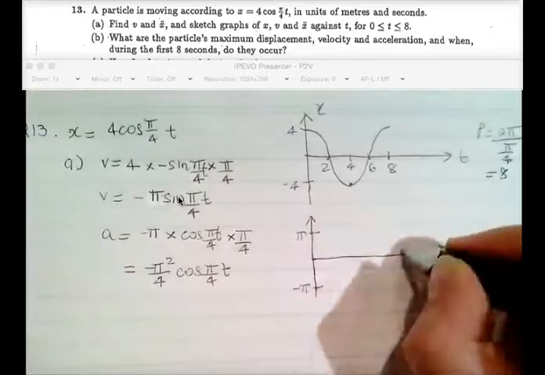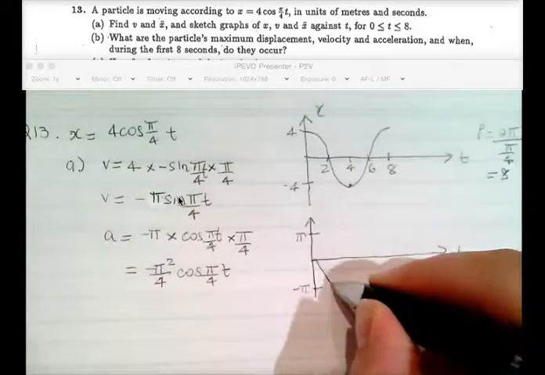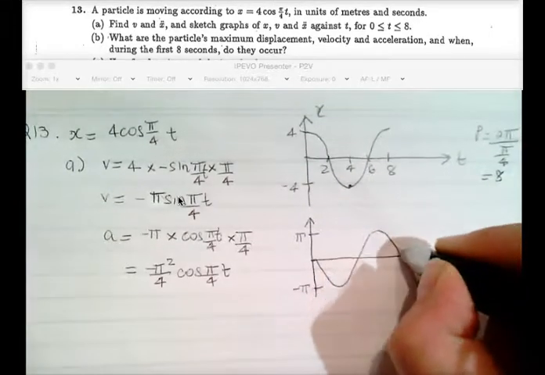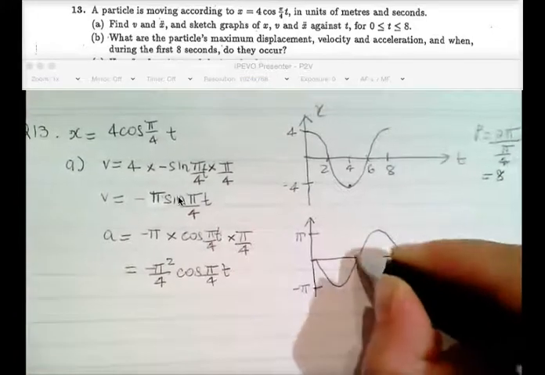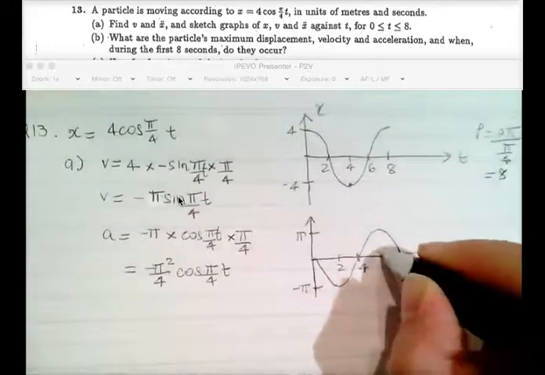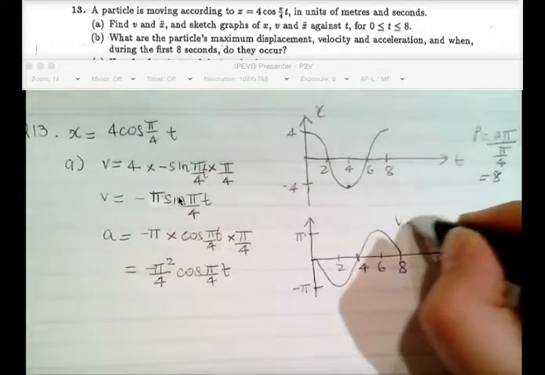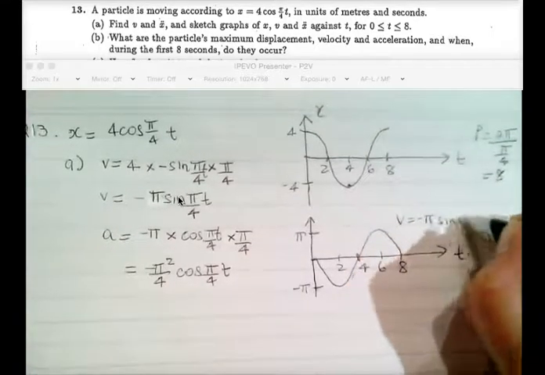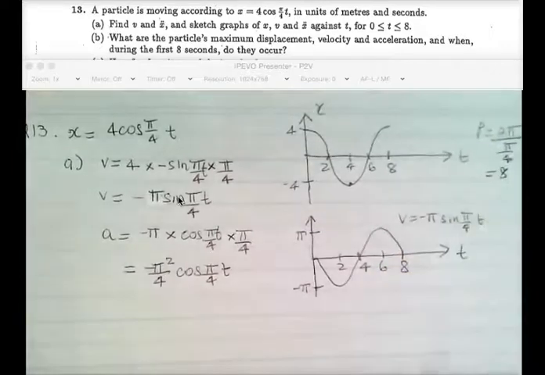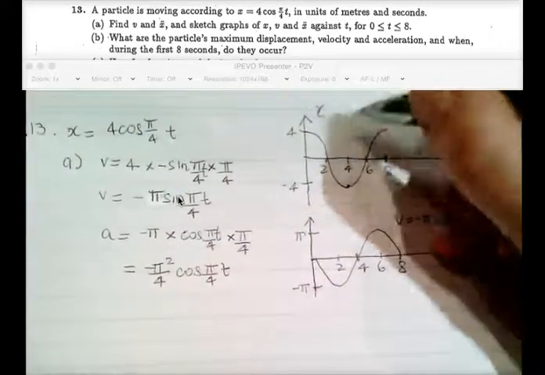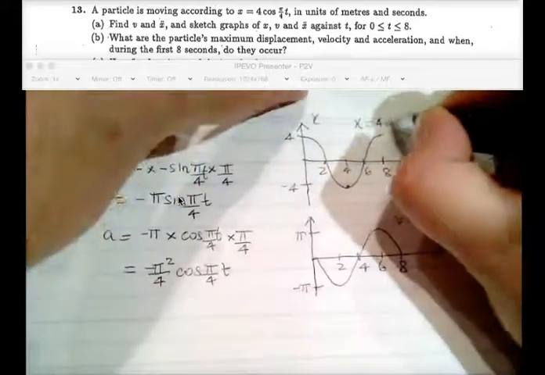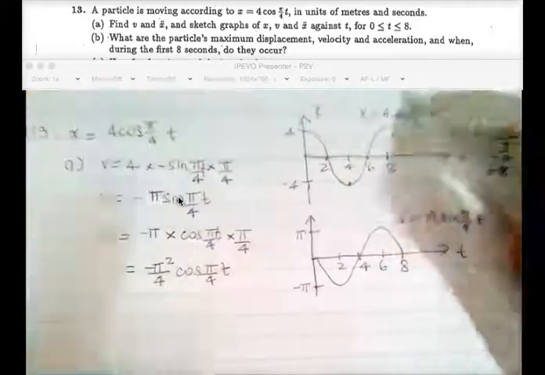So sine curve goes like that, our curves will go like this. This is 8 seconds, that's 4, 2, and 6 seconds. So that's velocity is negative pi sine pi on 4t. And that's your displacement curve, x equals 4 cos pi on 4t.